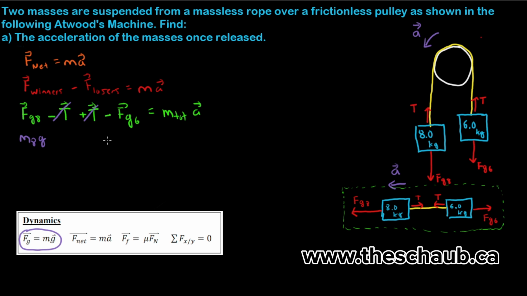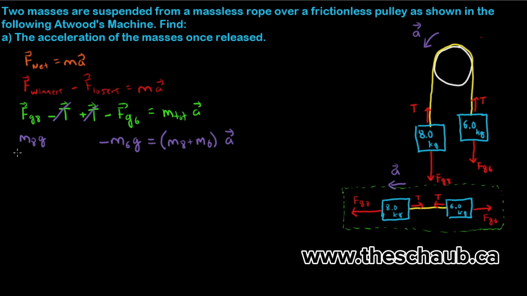Next, we subtract Fg6, so this is again using our equation for Fg: m6 multiplied by the value of gravity, and this is equal to our m_tot, which is just our 8 kilogram and 6 kilogram masses added together because they accelerate together. So m8 plus m6 multiplied by the acceleration.